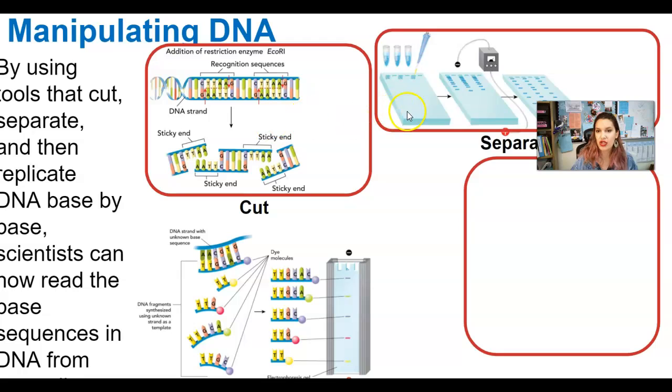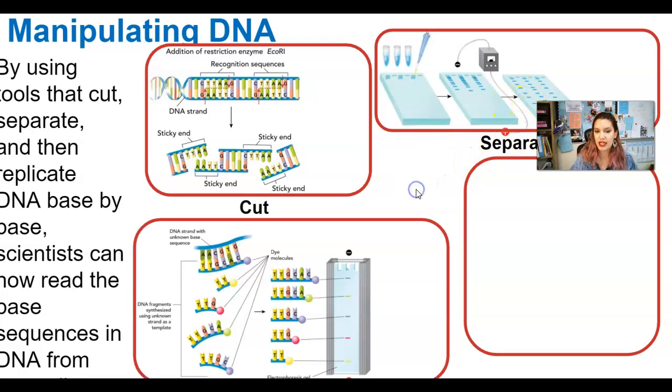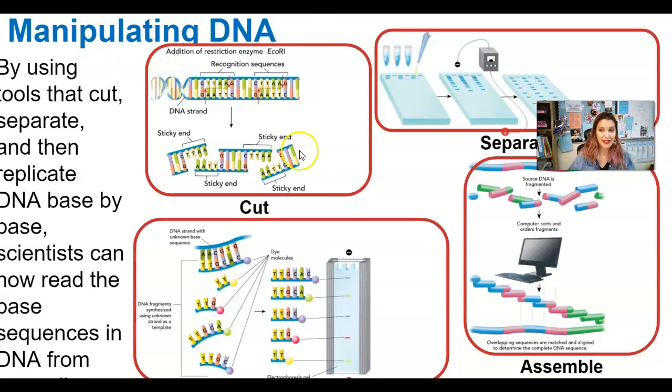These are jelly-like substances, and these are the wells, and you use a pipette to put the material in. This is where the cutting happened. Then they put the fragments into the different wells, and it helps to separate the segments of the DNA according to the bases.